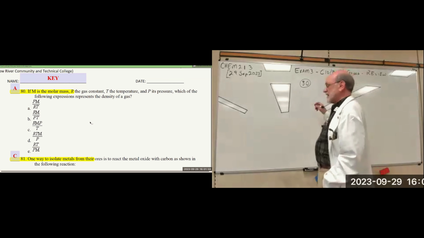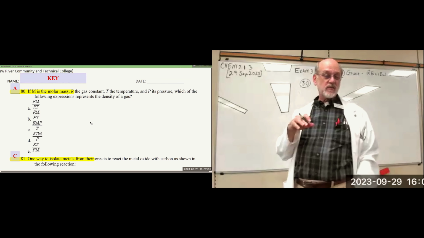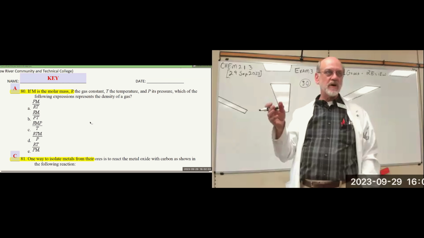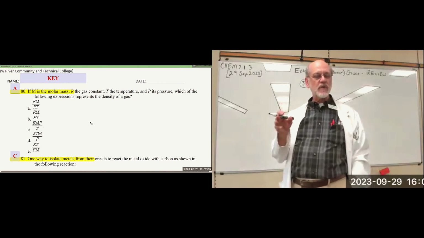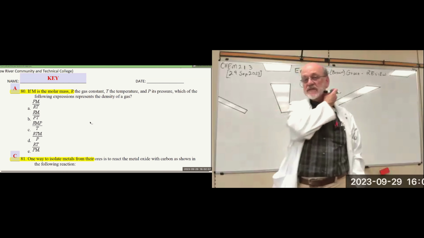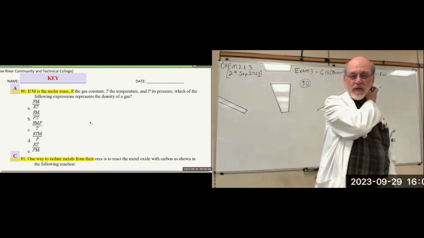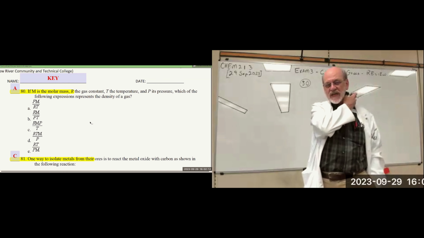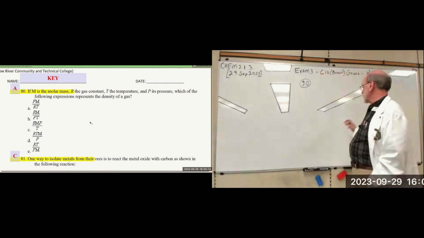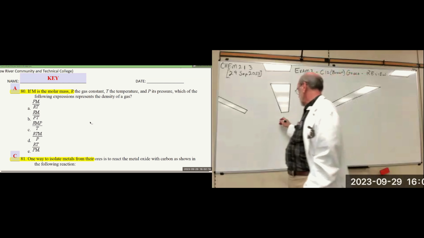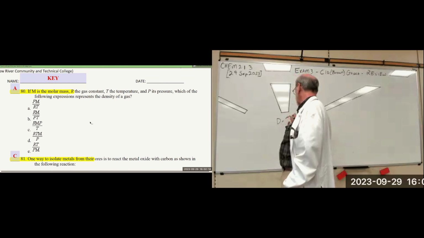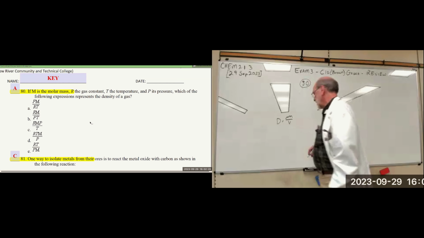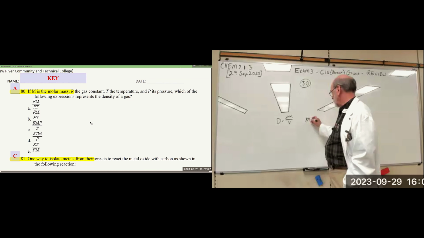Okay, 80. If M is the molar mass, what I usually call MW, molecular weight, R is a gas constant, T is the temperature, P is the pressure, which of the following expressions represents the density of a gas? Okay, this is the one where we've got density equals mass per unit volume. We've got molar mass.